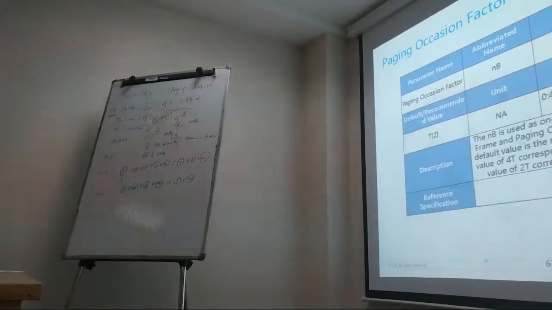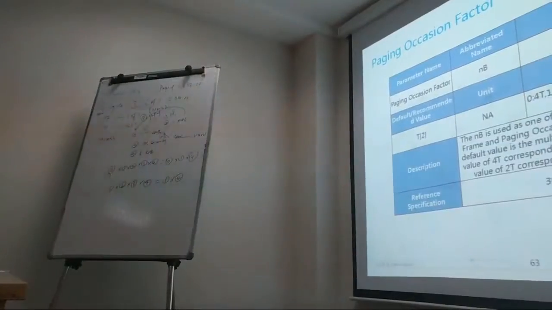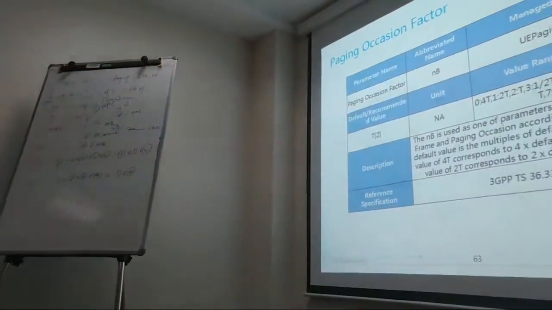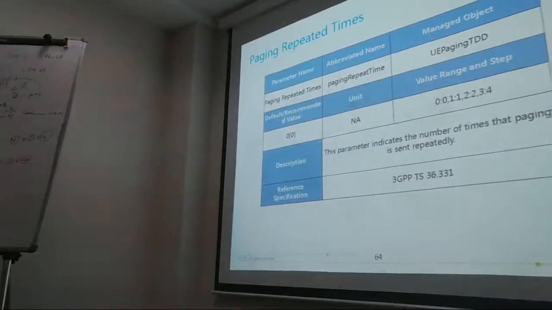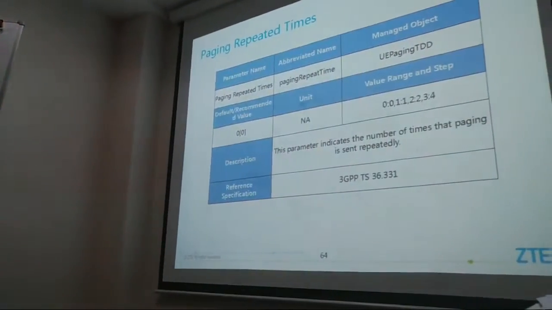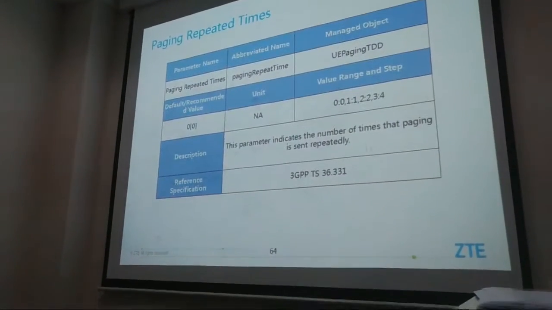So we call this the paging occurrence factor. Its function is to indicate how many POs it can transmit in total, how many pagings it can transmit. So here the parameter name is paging occurrence factor. And we also can set the paging repeated times.